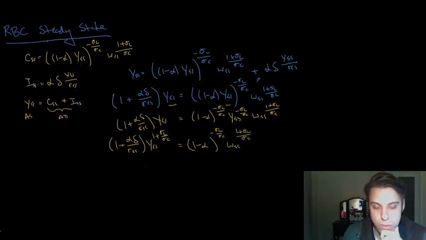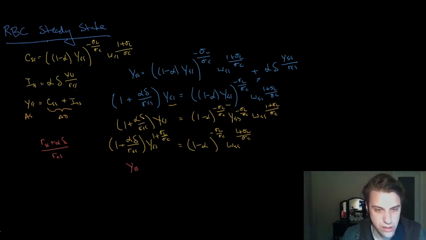And now we need to move this chunk, this 1 plus alpha delta over R_SS. Let's get rid of the 1 maybe. So we can write this as (R_SS plus alpha delta) over R_SS, right? Using the 1 trick, write 1 as R_SS over R_SS. So then we'll get Y_SS, and then I'll do the same thing here.